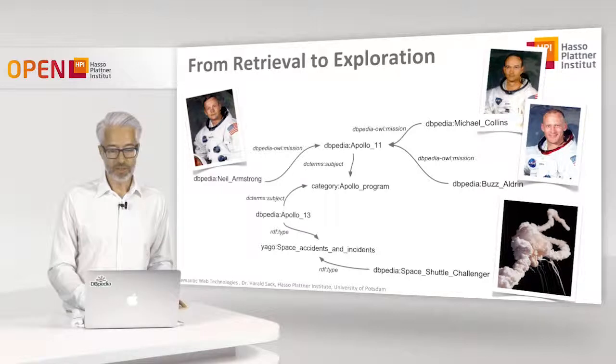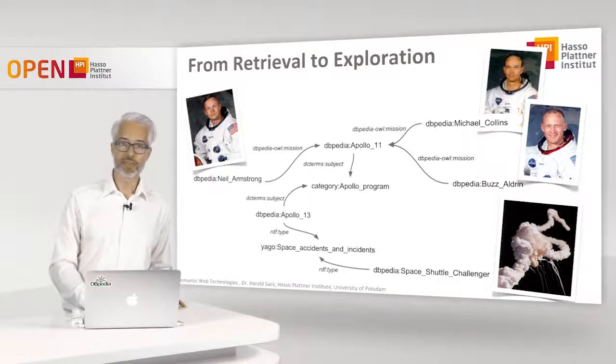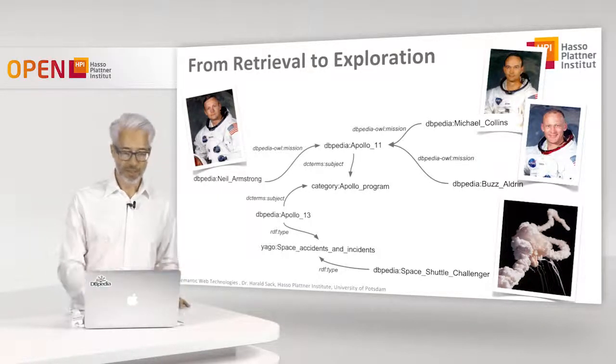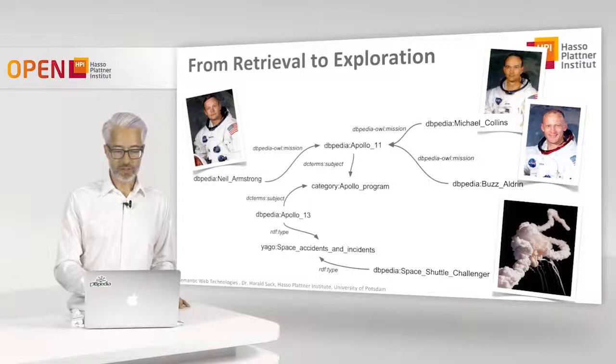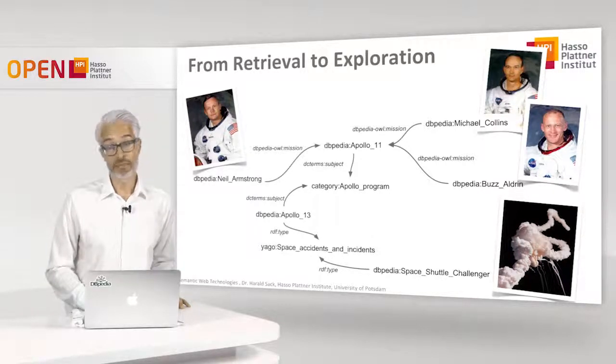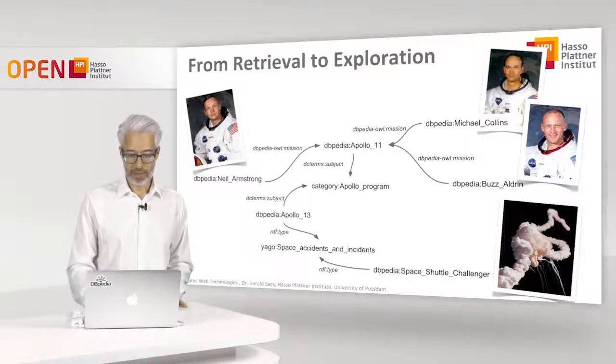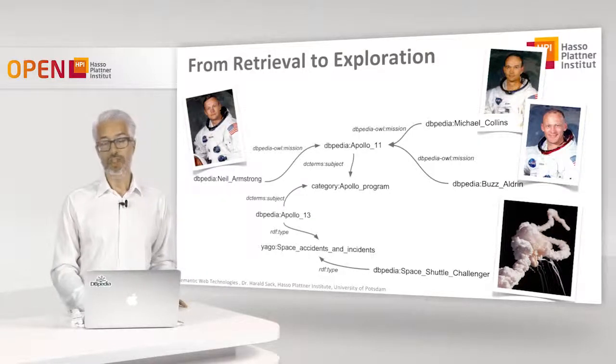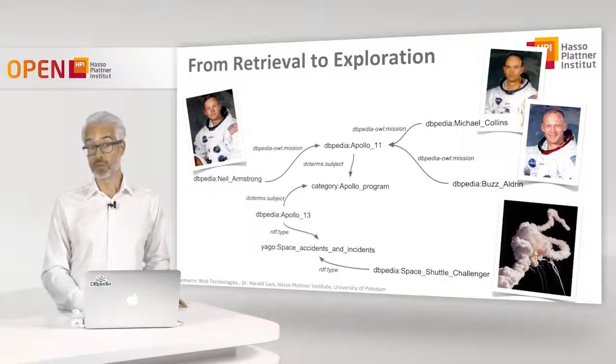And there was an interesting movie about that. Apollo 13 is also in another class, called Space Accidents and Incidents. And from this, you might come to the Space Shuttle Challenger disaster, which might also be of interest to you.